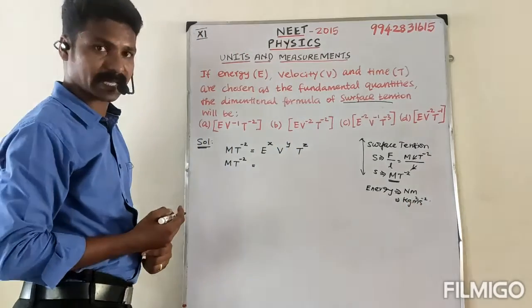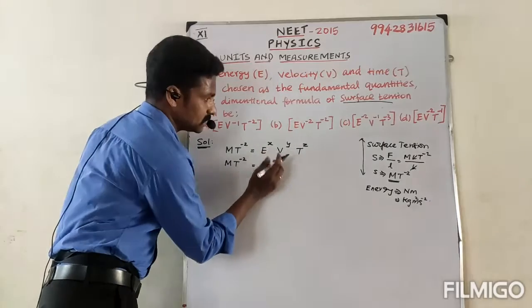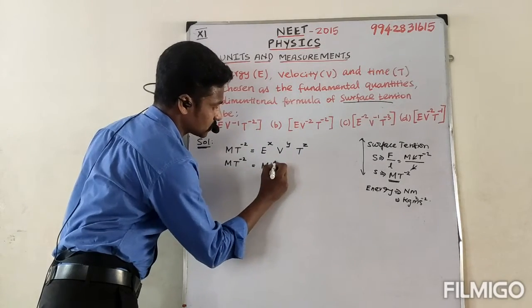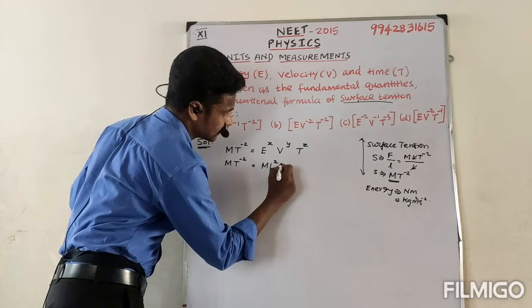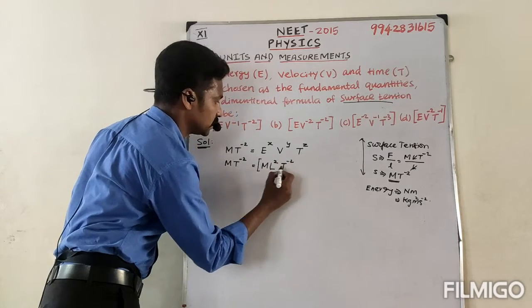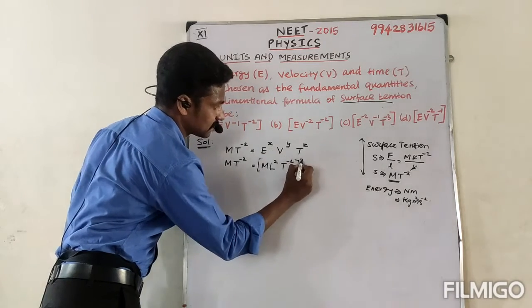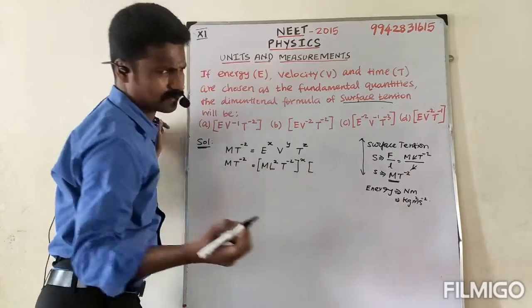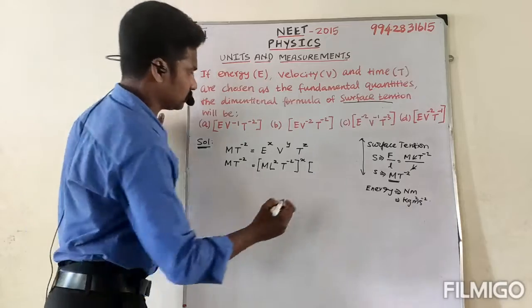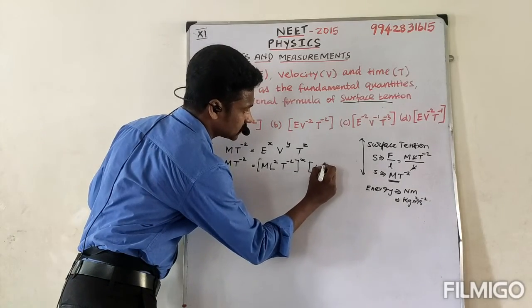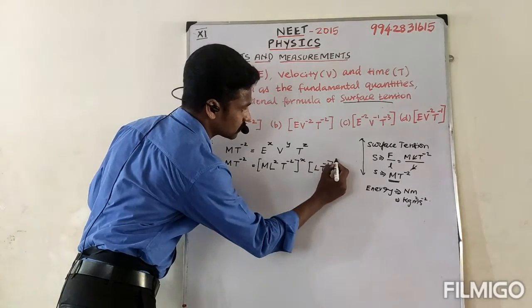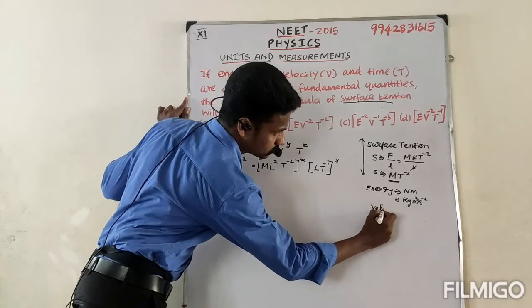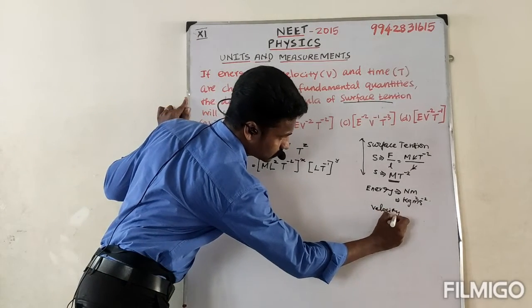So kilogram is mass M, meter is L, so L squared, and second is T, so T^-2. The whole power is x. Next, the velocity, which you already know is LT^-1, with power y.